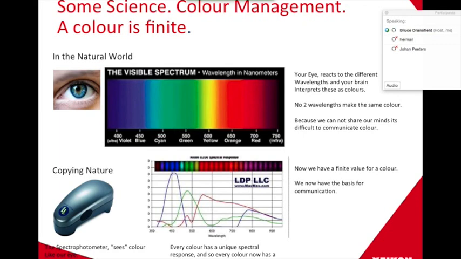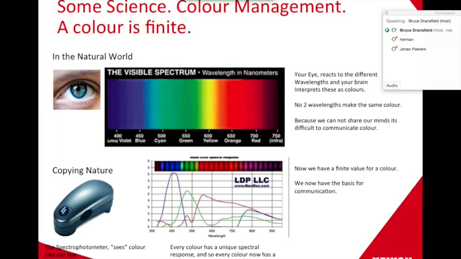And what we see today, when we see colour, we see a visual spectrum. Our eyes have a perception of the natural world, and our brains convert that into colour. And to mimic the natural world, we also now have spectrophotometers, not to be confused with densitometers.